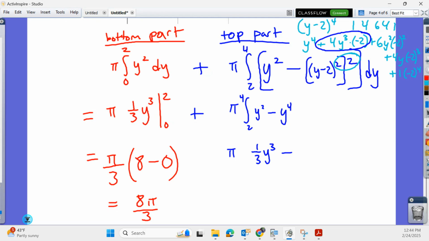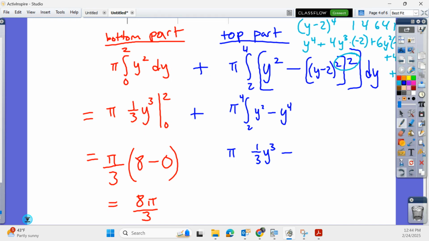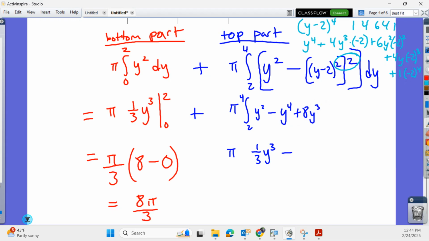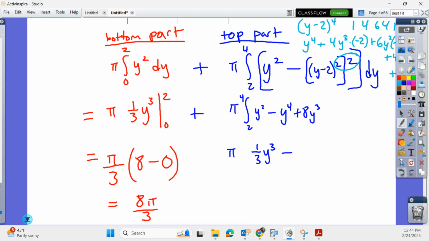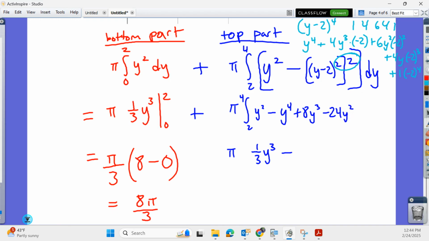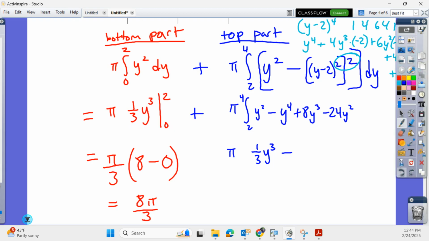And when I distribute the negative that I mentioned, it'll be plus 8y cubed. And then I have a next term, the negative 2 squared is positive 4, so that's going to be plus 24y squared. But I'm going to distribute that negative, so minus 24y squared. And then the next term is a negative 8 when you do the negative 2 cubed, and then times 4, negative 32. So it'll be plus 32y.